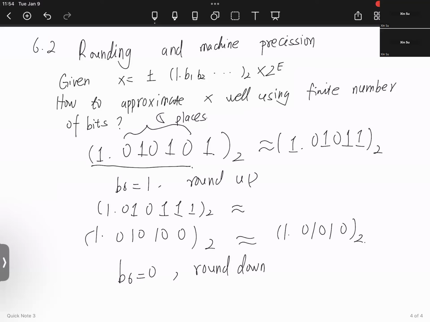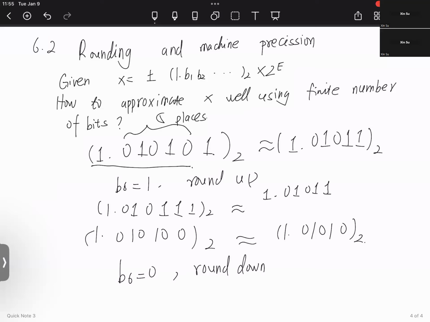If we add 1 to this place, remember this is a binary representation. When the number arrives at 2, we need to replace it with 0 and add 1 to the previous digit. So let us do the sum here.